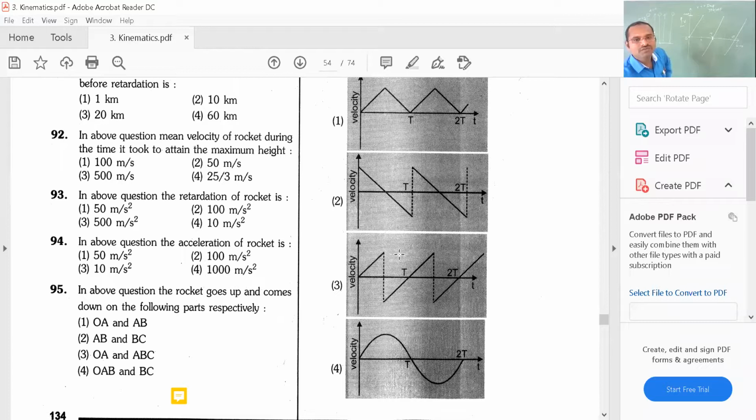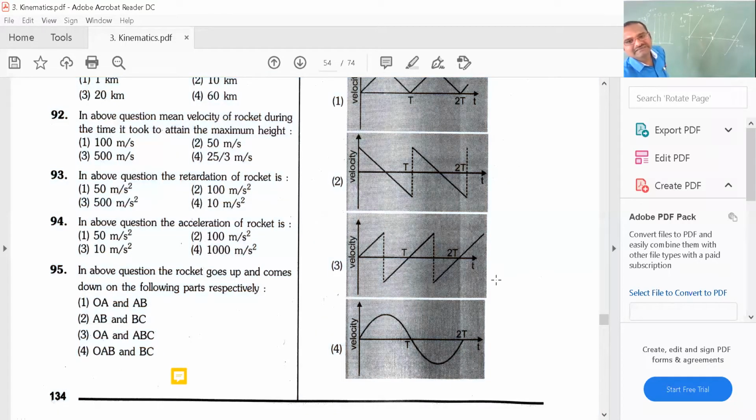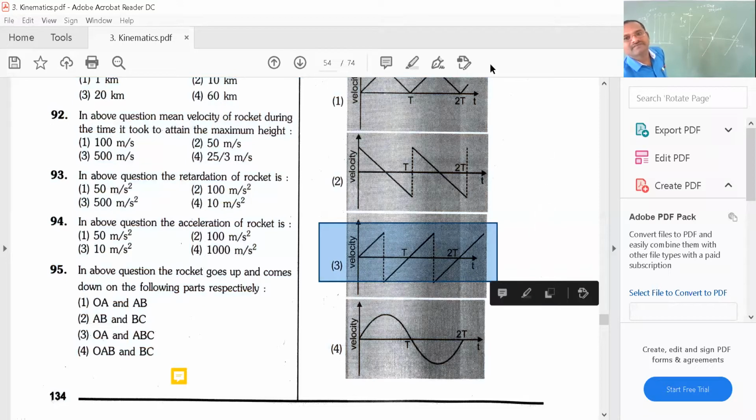This is positive, no? While it is coming down, it is positive only. While going up, it is negative. That only I have explained here. While coming down, it is positive; while going up, it is negative. See, perfectly, what I have explained is correct. This is the right answer.